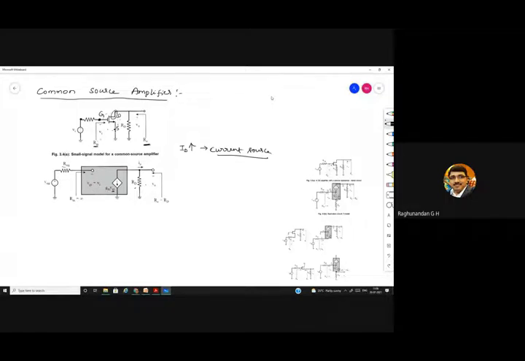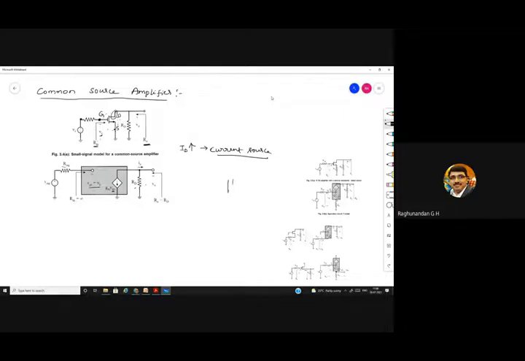If you ignore this signal resistance, which will be comparatively small, the input signal, whatever we are having, will be equal to VGS. Or we can say the voltage between gate and source will be the input voltage, which is supplied to the MOSFET.